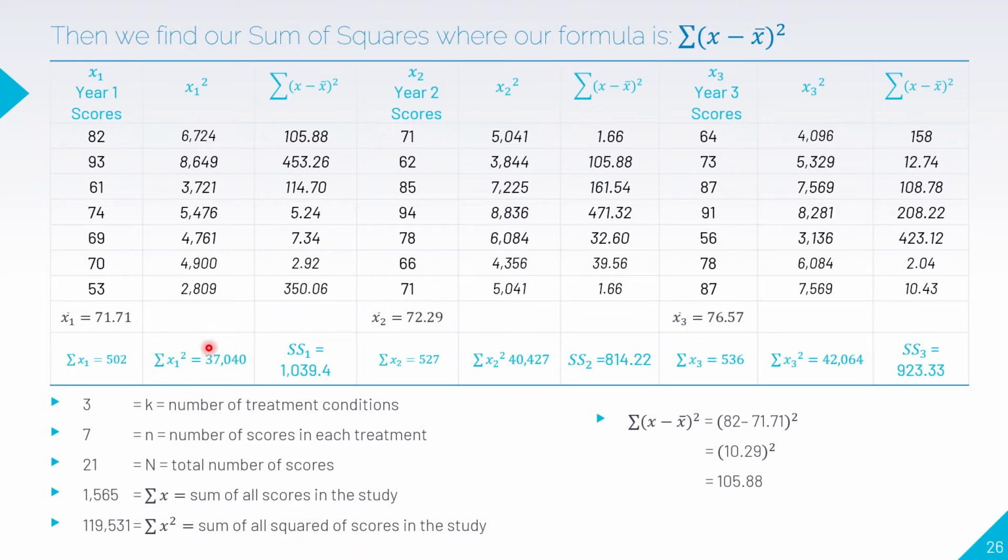Since we did it earlier, the summation of X squared for X sub 1 is 37,040. This one we have 40,427, and this one we have 42,064. Adding these 3, we have a total of 119,531.